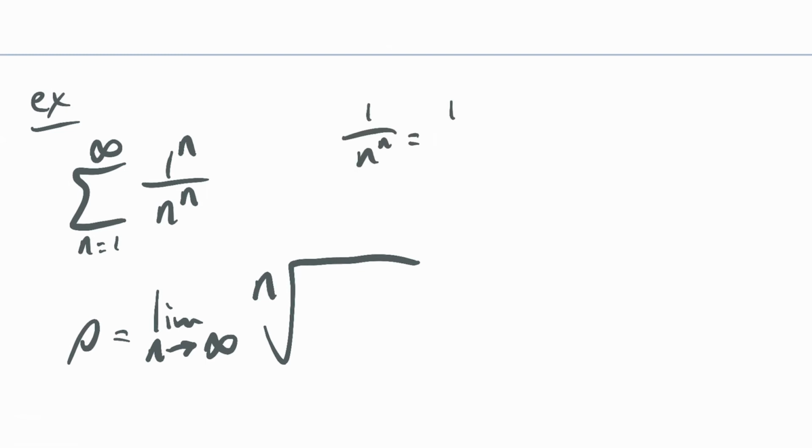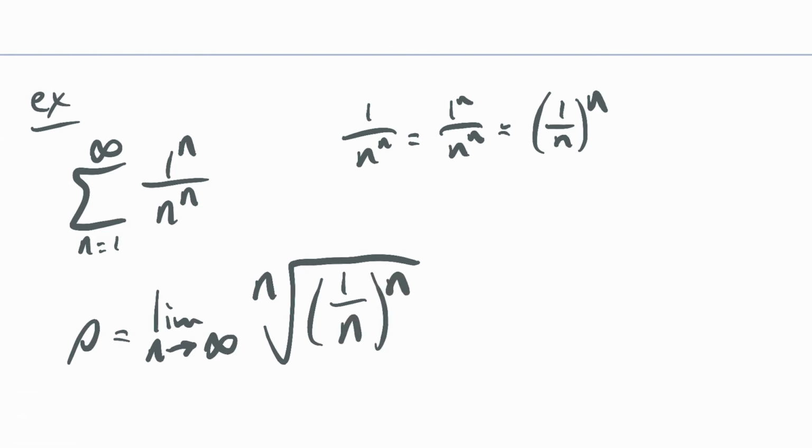Again, everything's positive. This is 1 to the n over n to the n, and since the exponents are the same, I can write this as 1 over n, the nth power. Now my exponent and my root cancel, so I get the limit as n goes to infinity of 1 over n.